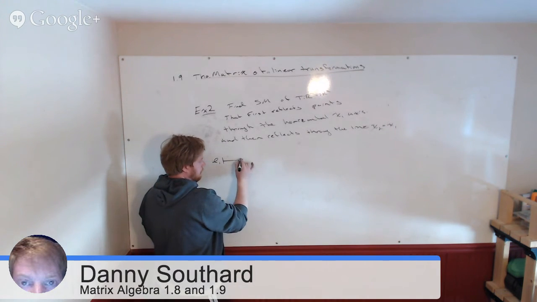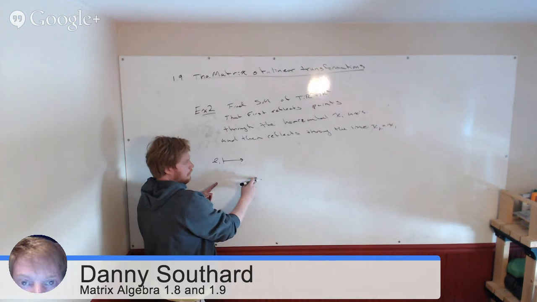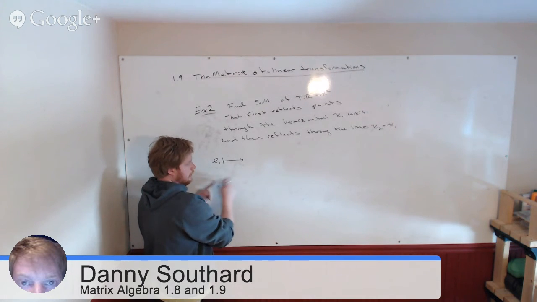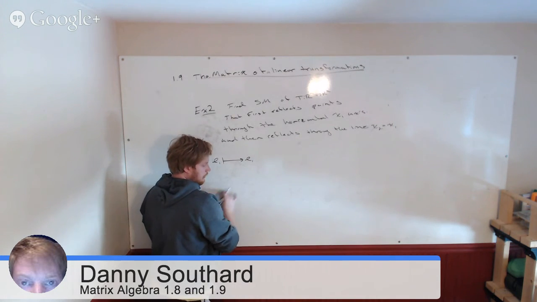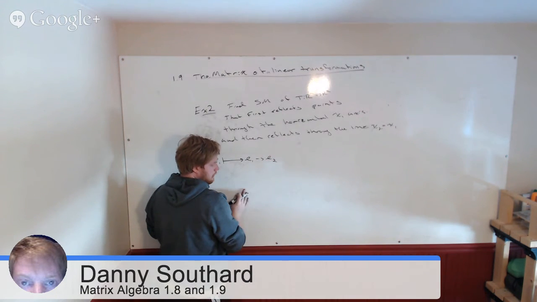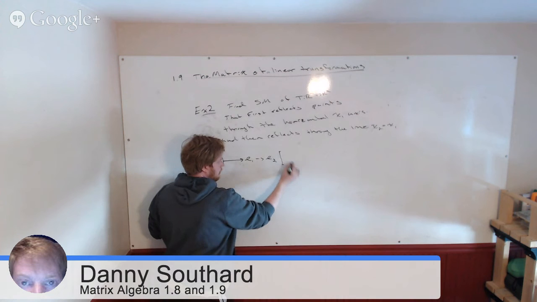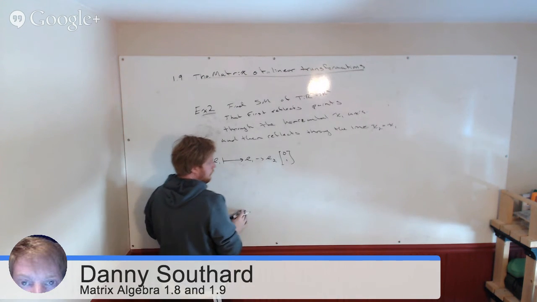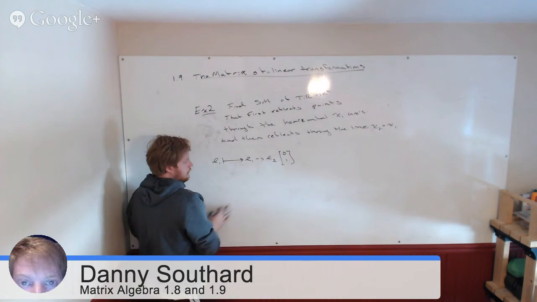So let's see. E1 is not going to change initially, but then we want it to be turned into E2. So that's a total of 0 over 1, right?